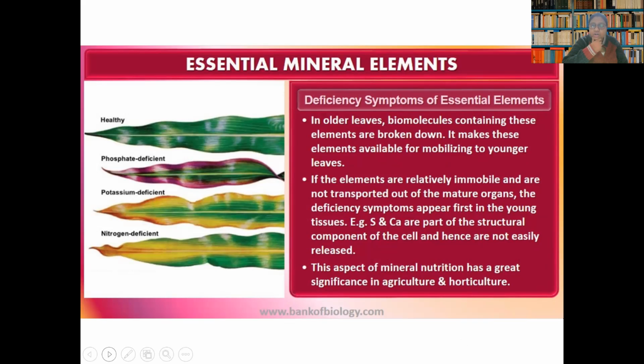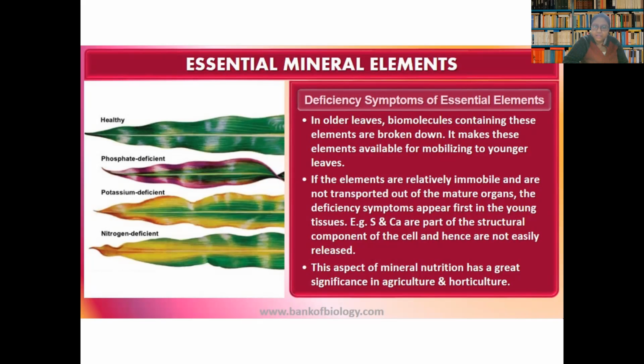So in older leaves, the biomolecules containing these chemicals will be broken down and the elements will get mobilized to the younger leaves where they can be utilized. Whereas, if any element is relatively immobile, it means it cannot be transported out. So in that case, their deficiency symptoms will be immediately observed in young tissue.